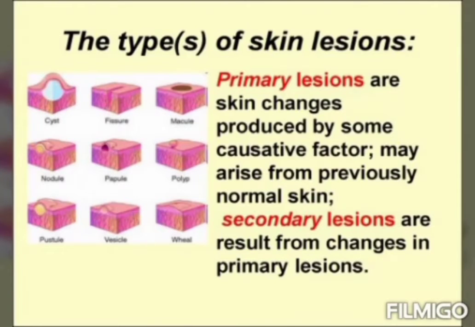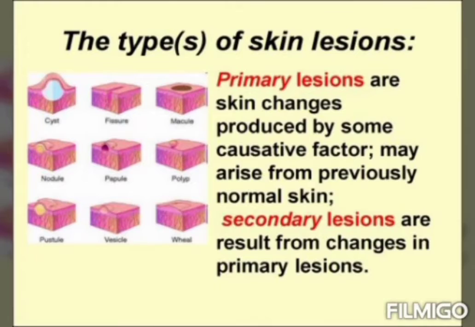Primary skin lesions are abnormal skin conditions present at birth or acquired over a person's lifetime, and secondary skin lesions are the result of irritated or manipulated primary skin lesions.